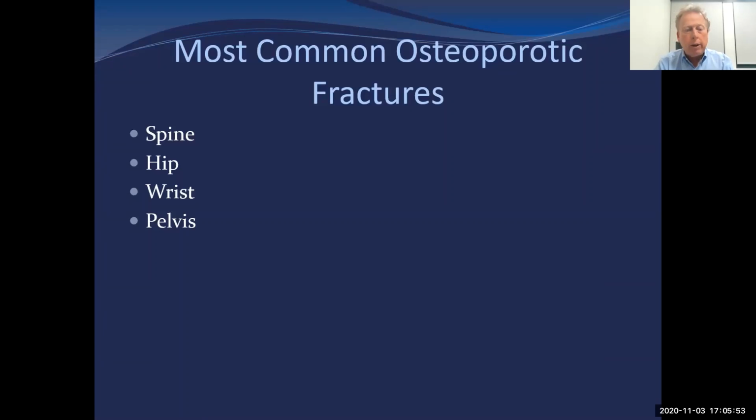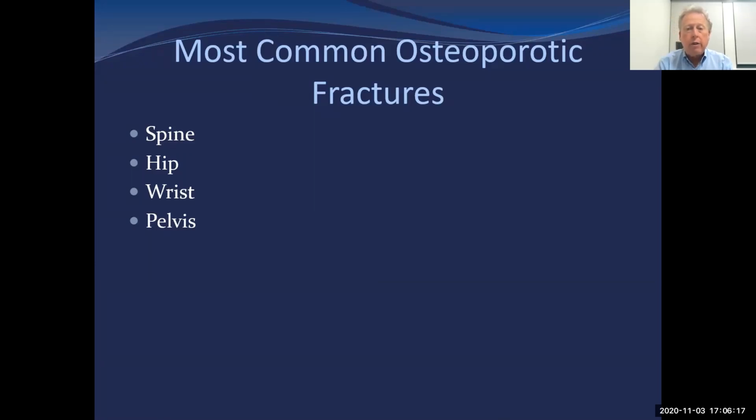Why I put this slide in here is to sort of highlight why I'm speaking about osteoporosis. I've been in orthopedics for 35 years, in Greenwich, Connecticut for a lot of those years, and we see lots of osteoporotic fractures. The most common fractures are spine, hip, wrist, and pelvis.